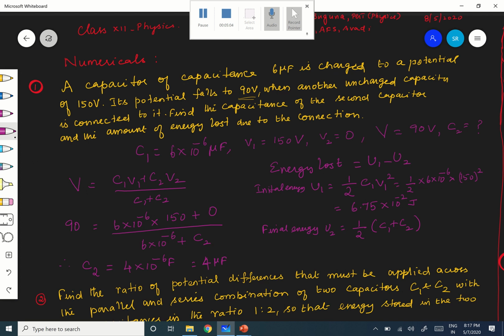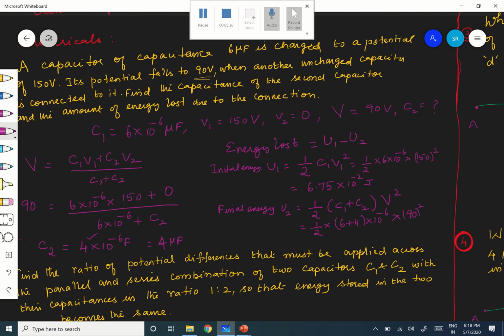Both are connected means it is connected in parallel. Therefore U2 is equal to half C1 plus C2, 6 plus 4 into 10 power minus 6, into the common potential 90 the whole squared. Are you following? Therefore the answer is 4 into 10 power minus 2 joules.